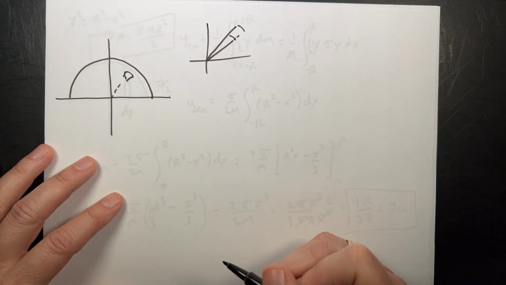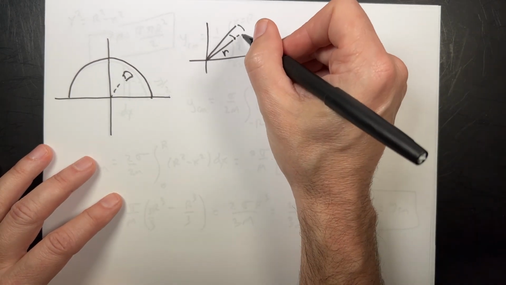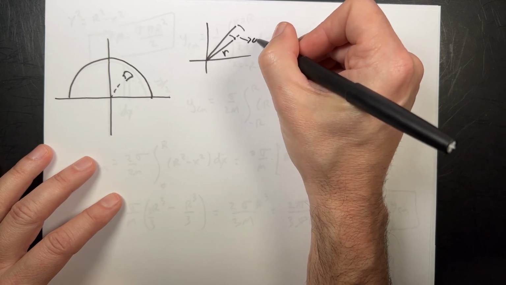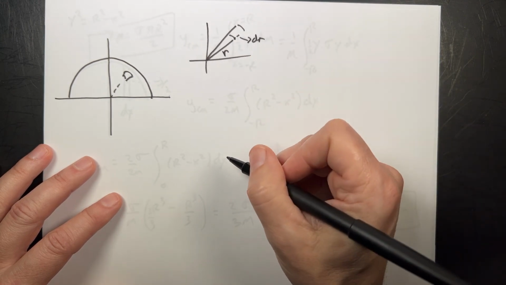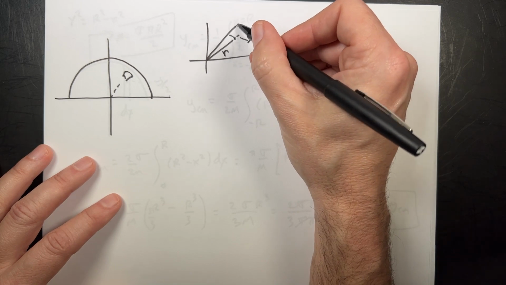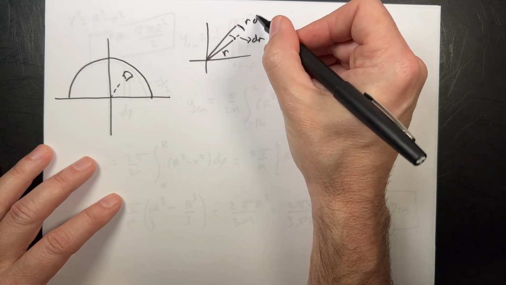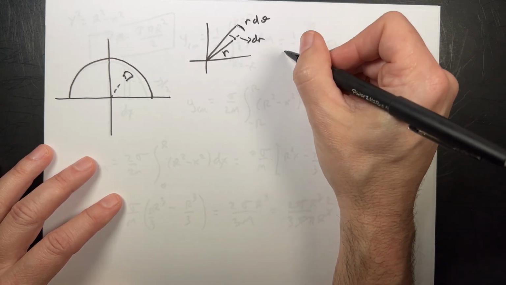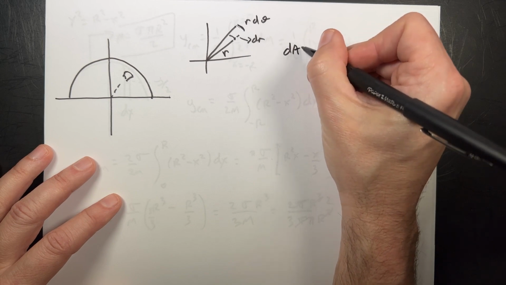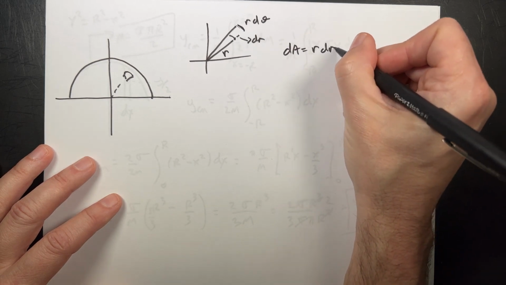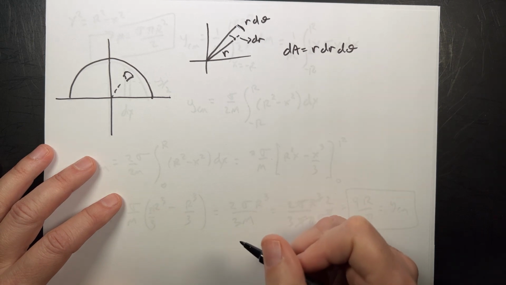So there's my area element in polar coordinates. This is r. This is going to be dr, right? It's because I increase r by a little bit. If I increase theta by a little bit, it's this distance right here, which is r d theta. So that means my area dA is going to be r dr d theta.